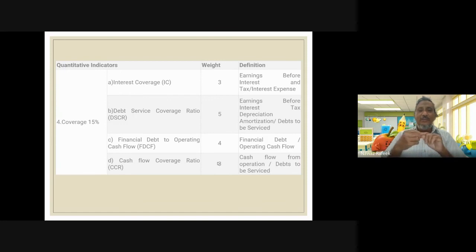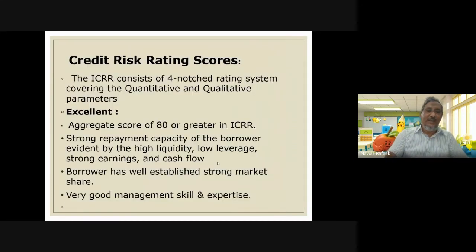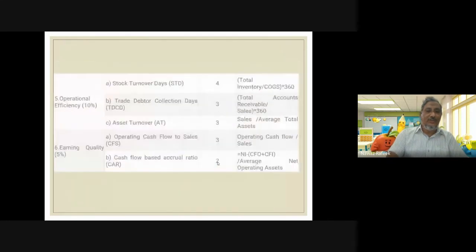The financial debt to operating cash flow is 4%. Cash flow coverage ratio is 3%. So this is one of the suggestions for indicators on how to work out the rating scores. The second score comes to operational efficiency.